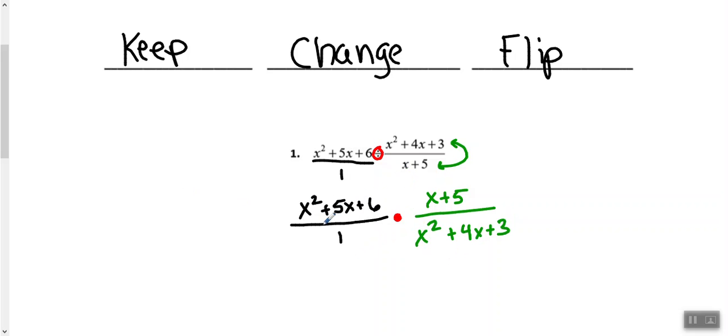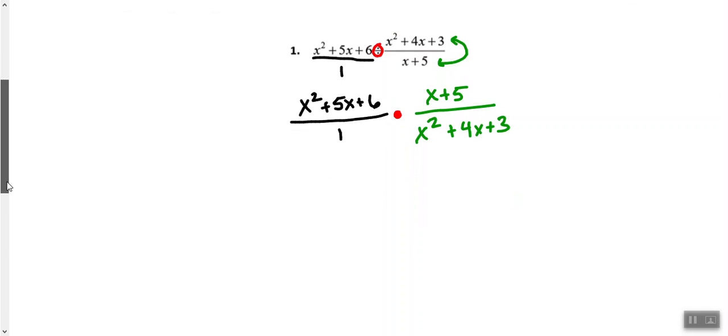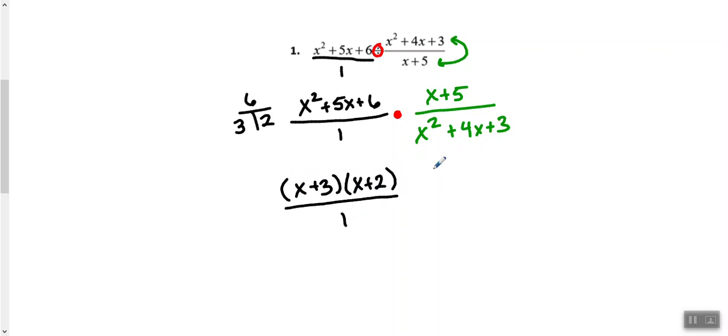Now that we are back to multiplication, we can go back to what we were doing with factoring and canceling everything out. So the top, what multiplies to 6 but adds to 5, is 3 and 2. So that becomes x plus 3 and x plus 2 over 1. Multiplication, so times, there's nothing to factor with x plus 5, over.